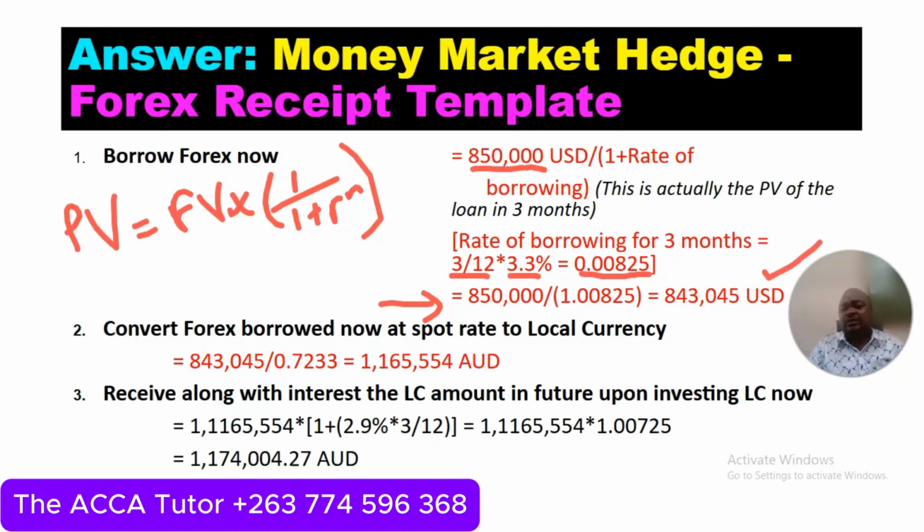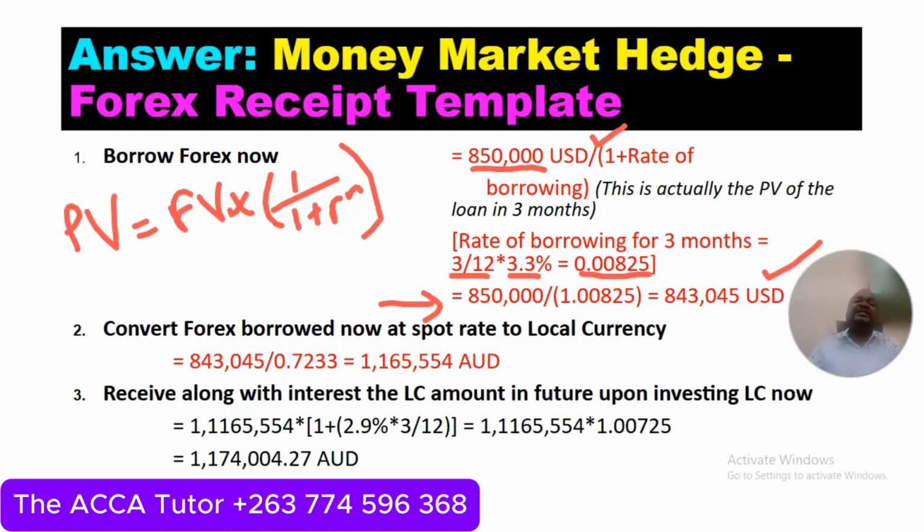At least we are following the rules of present value, because the future value is much higher. But in terms of the worthiness of that amount today, that's 843,000. Why? Because a dollar today is worth more than a dollar tomorrow.